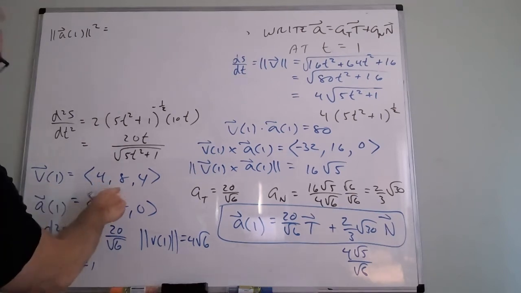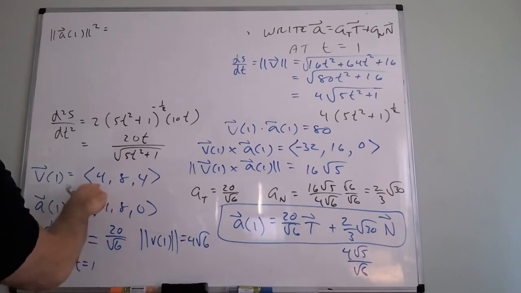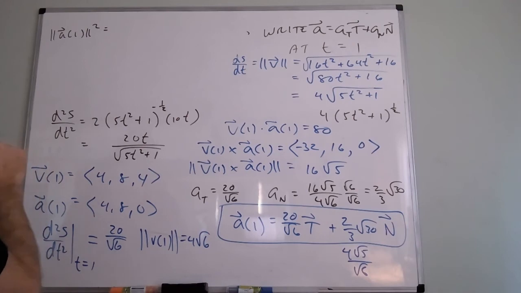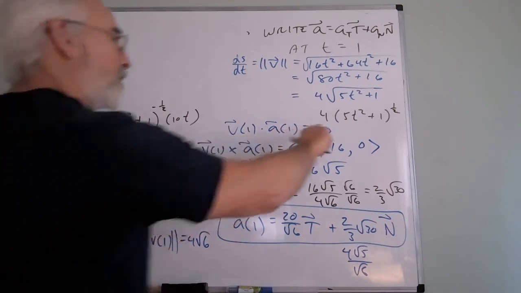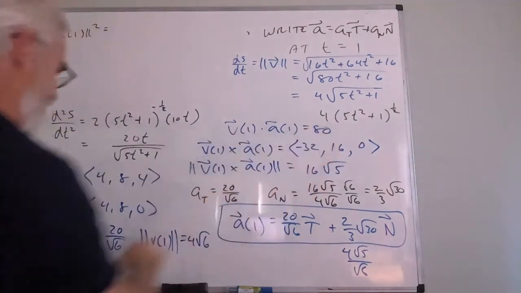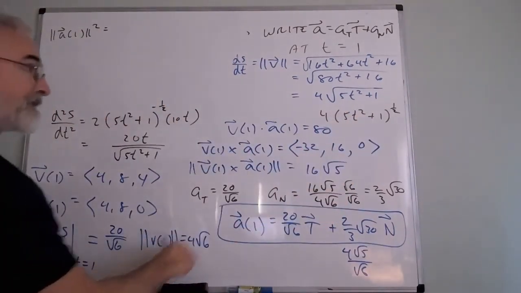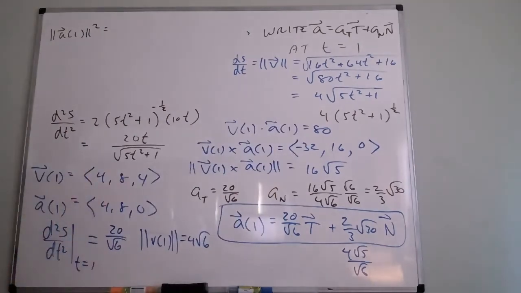Or did we do this one? I don't even remember now. Length V1 should be 4 squared plus 8 squared plus 4 squared, which is root 96. Did we have that somewhere? Oh, yeah, we do. Never mind, I'm sorry. We did it over here. I was thinking that we hadn't done this yet. We did it right here. Okay, no, we're cool.